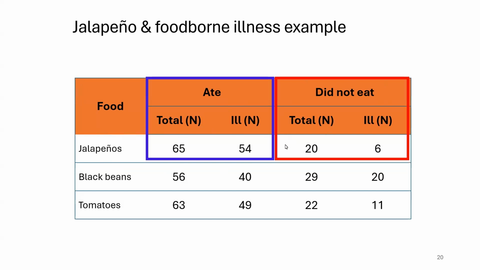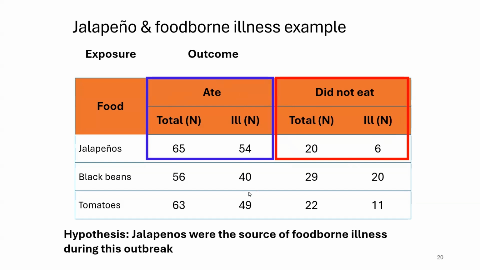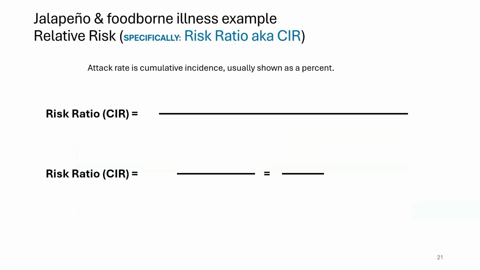So you would take the ratio of the cumulative incidence or attack rate here and divide it by the cumulative incidence or attack rate here. So what that allows us to do is to test our hypothesis that jalapenos were the source of whatever the foodborne illness was in this outbreak.